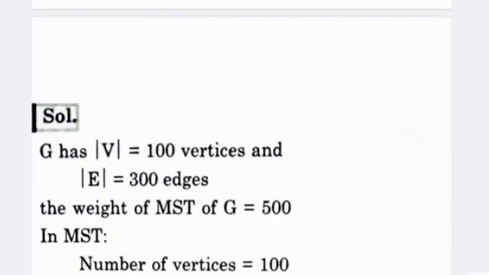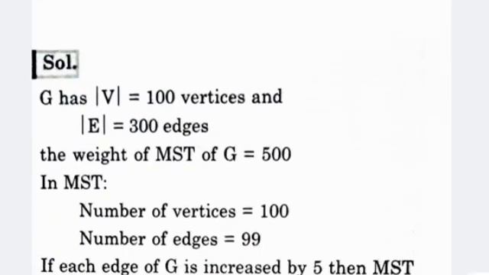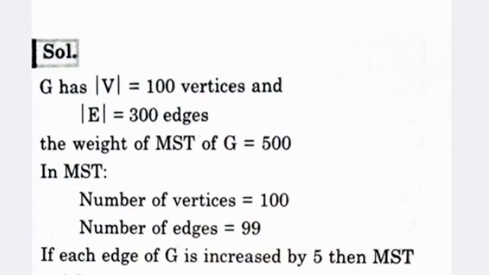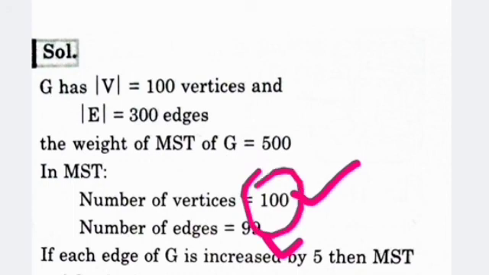Here we know that V equal to 100 as given, E equal to 300, and the weight of the minimum spanning tree is 500. Now the number of vertices in the MST is always 100, but the number of edges is 99, one less than the number of vertices.